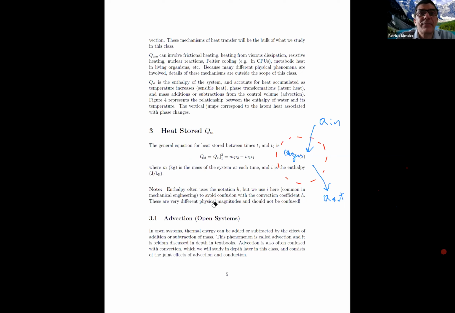We can have resistive heating. There are so many ways. For those of you into gaming, you might use a Peltier cooling system, right? In a Peltier cooling system, you make current flow and the current absorbs heat volumetrically. So these are things in which thermal energy is gained or lost inside the control volume. That's the Q gen term.